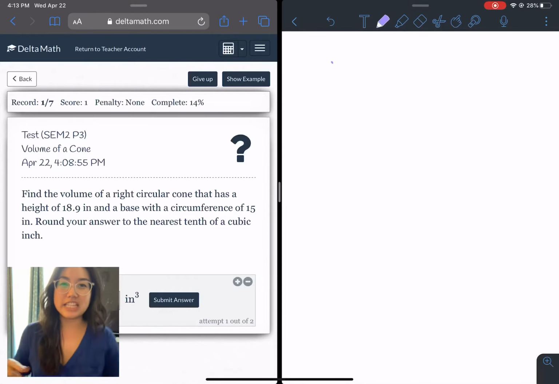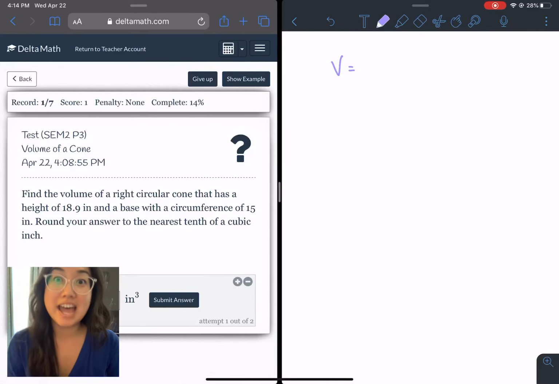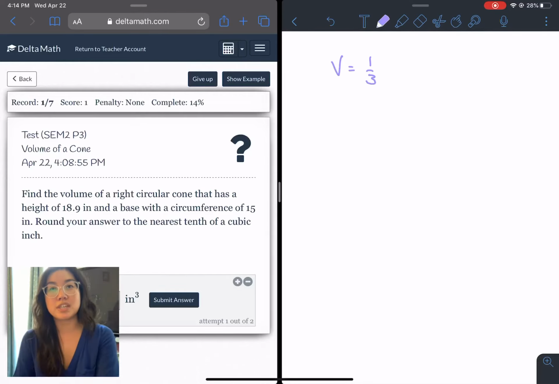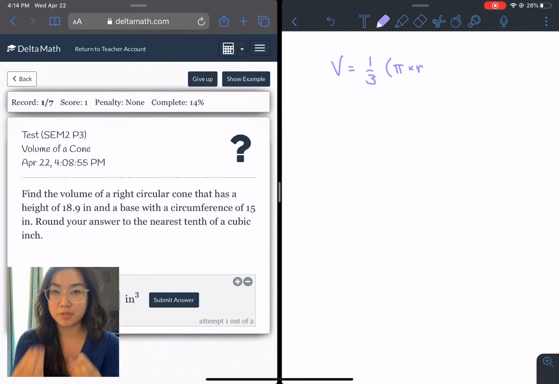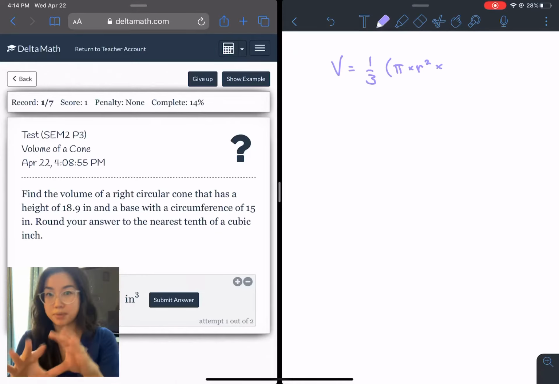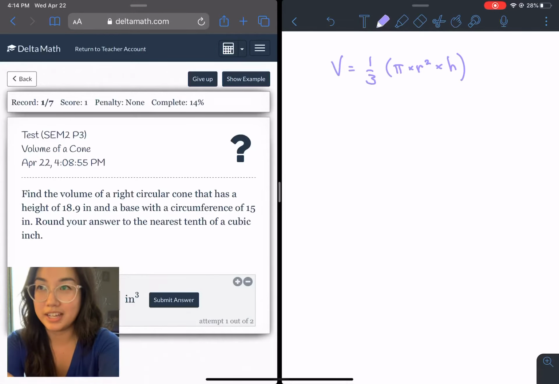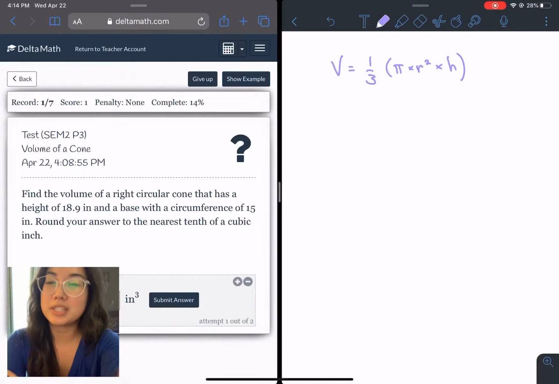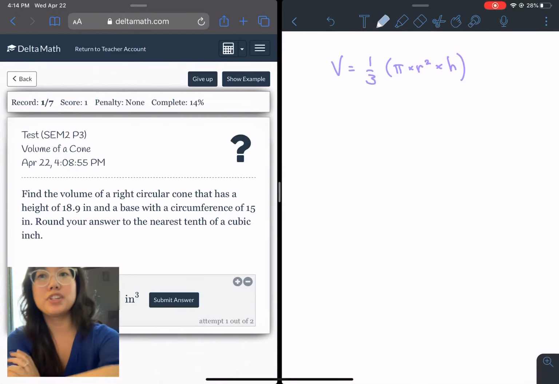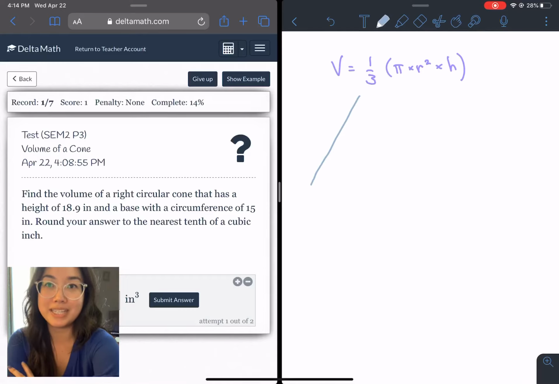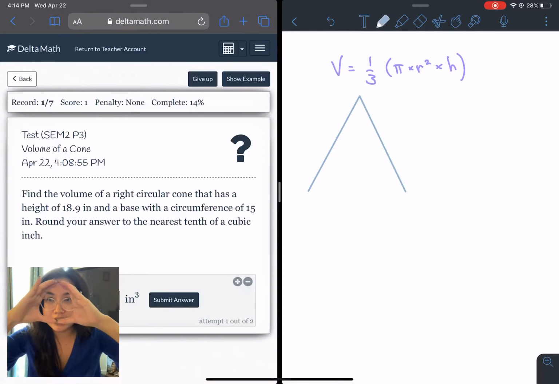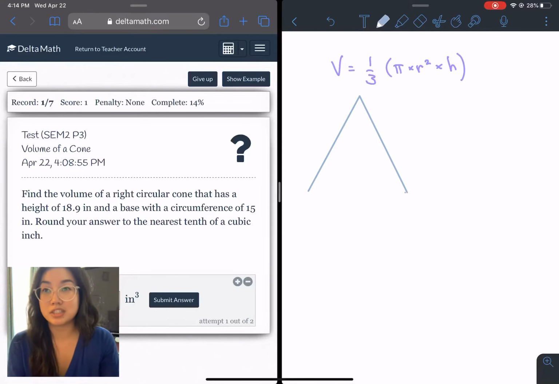All right, this video will show you the last type of problem that you will see on your DeltaMath assignment. And this is like a level 3 problem. Okay, so this one says find the volume that has a height of 18.9 inches and a base with a circumference of 15 inches.